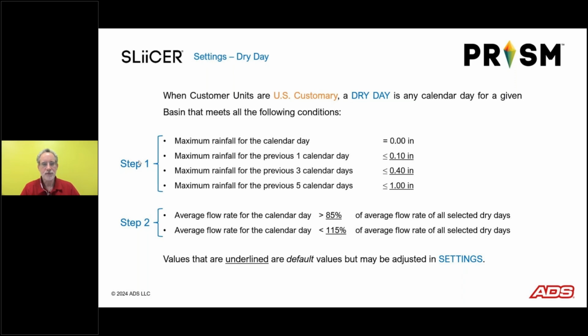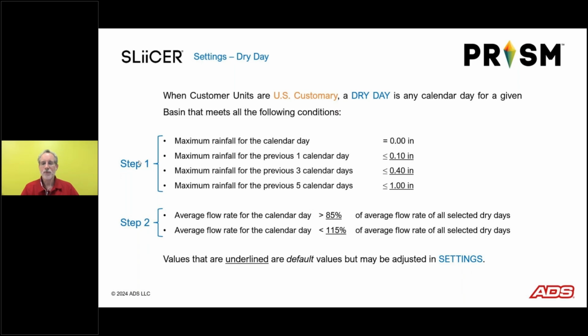But also, if it rained a certain amount on the previous day, day 4, we're going to throw day 5 out as a dry day. If it rained a certain amount on the previous 3 days, or on the previous 5 days, we're going to throw day 5 out. So that's a way of eliminating days on which it rained, and it's a good way of limiting days on which you're likely to be recovering from a previous rainfall event.